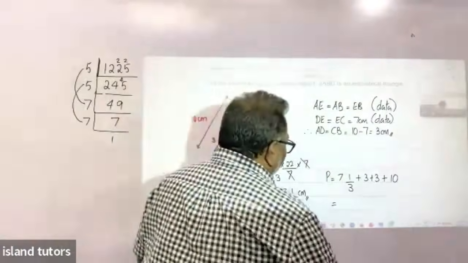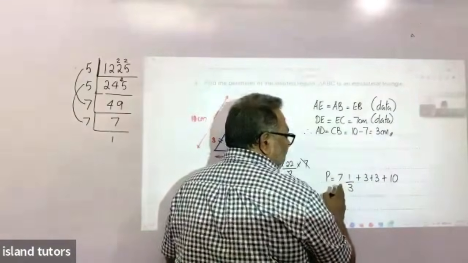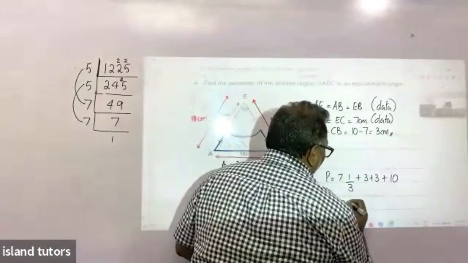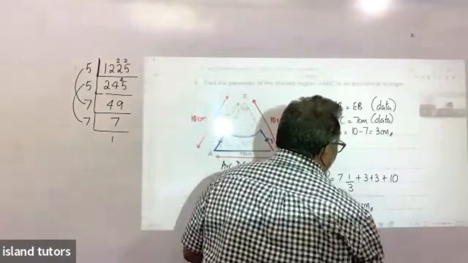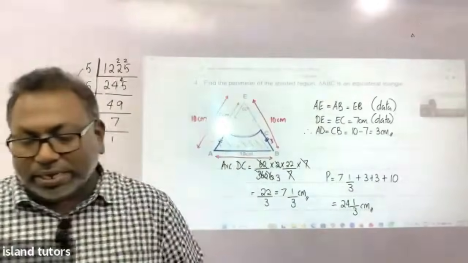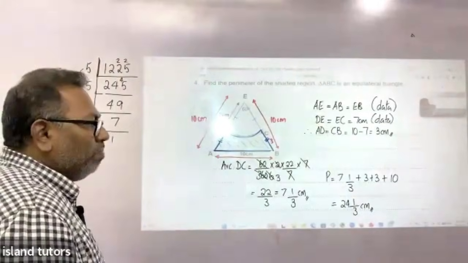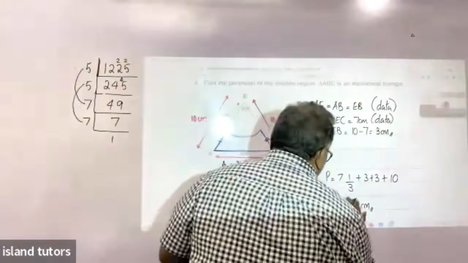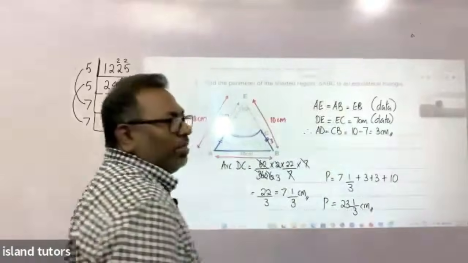So add it up. 10 plus 3 plus 3 is 16. 16 plus 7 is 23. Sorry, 23 and 1/3 centimeters.